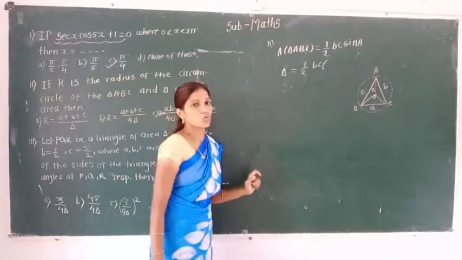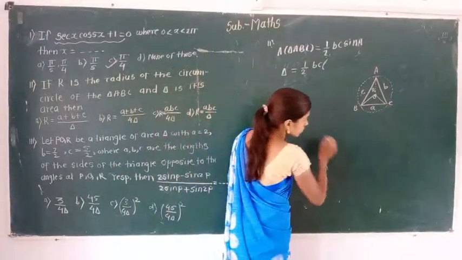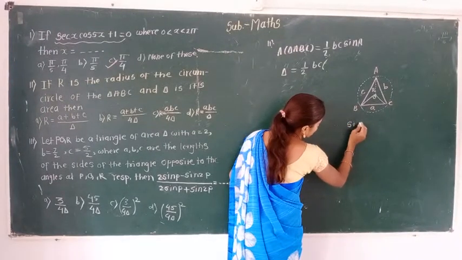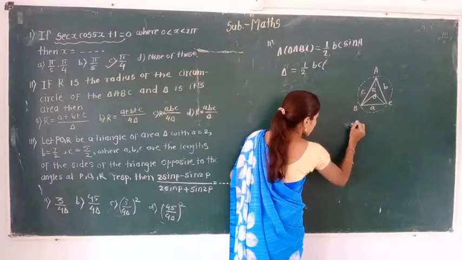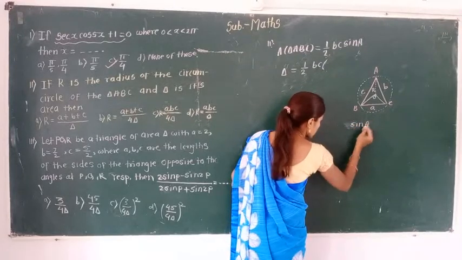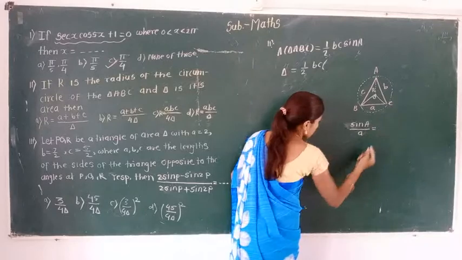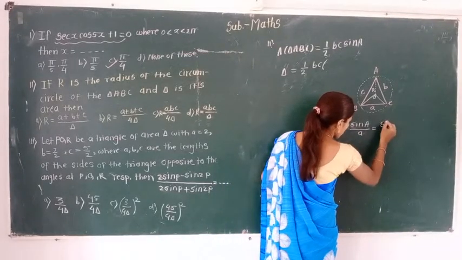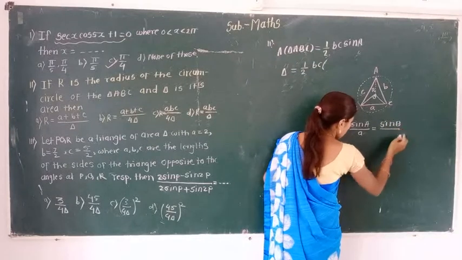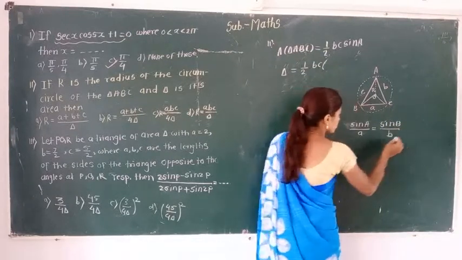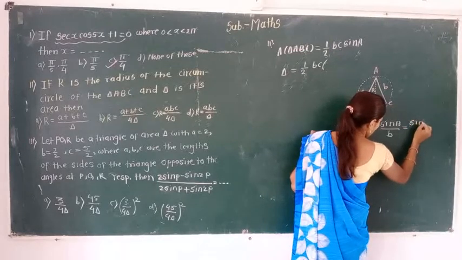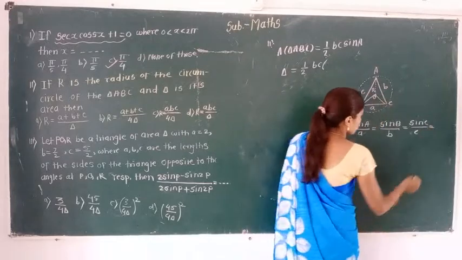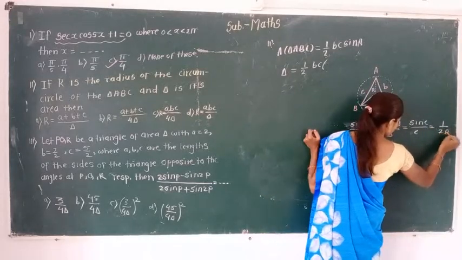We can write sine A divided by small a is equal to sine B divided by small b is equal to sine C divided by small c is equal to 1 divided by 2R.